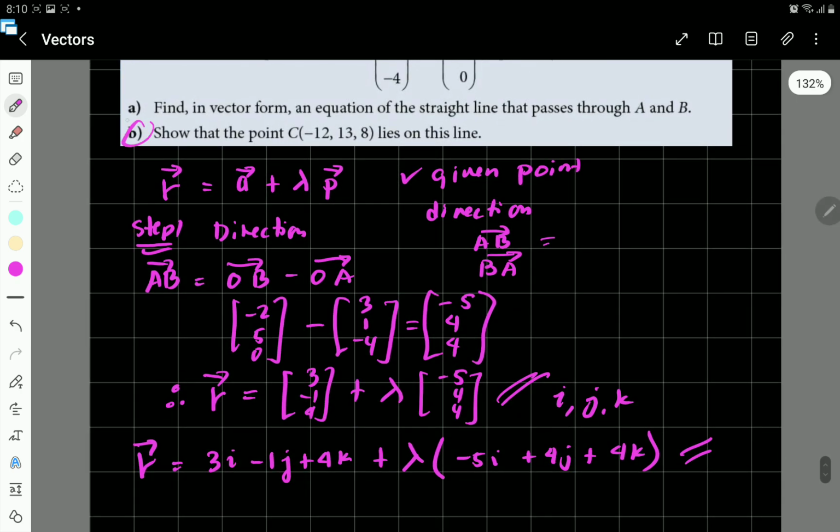Next, letter B. You need to show that the point negative 12, 13, 8 lies on this line.